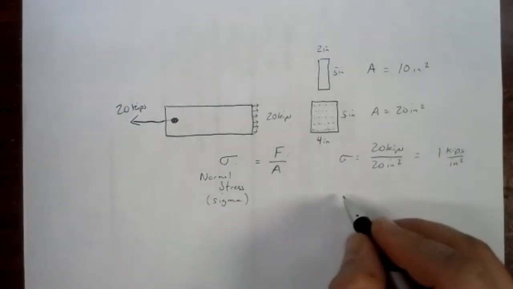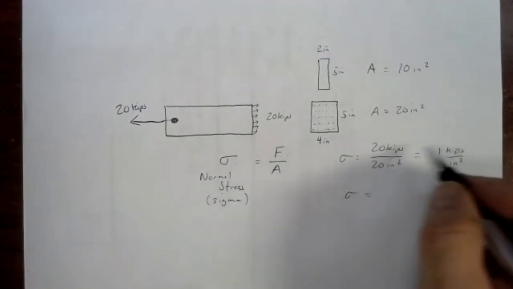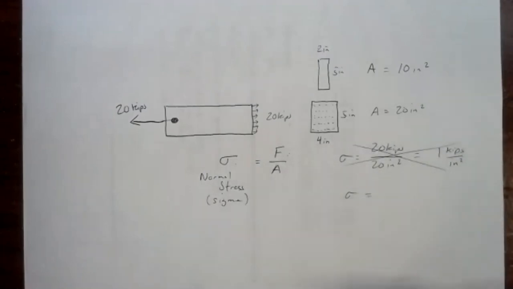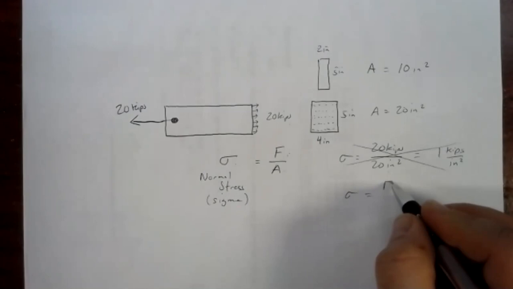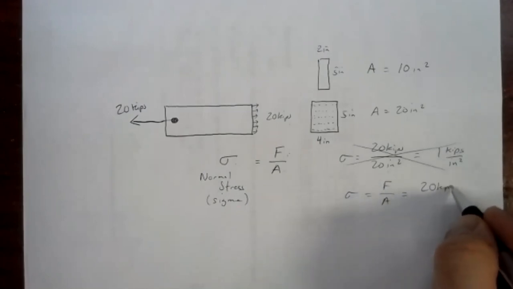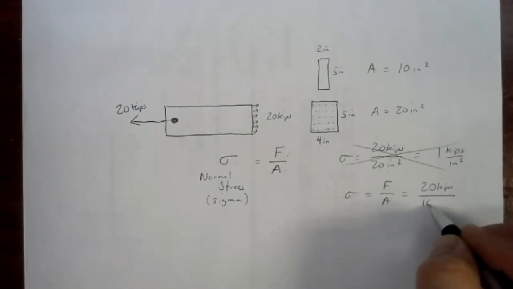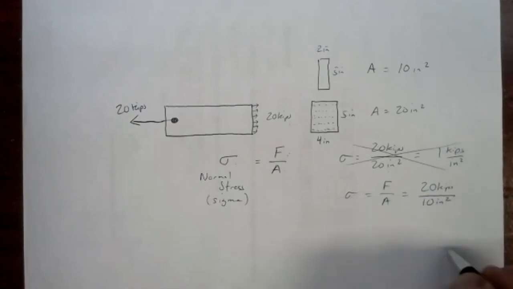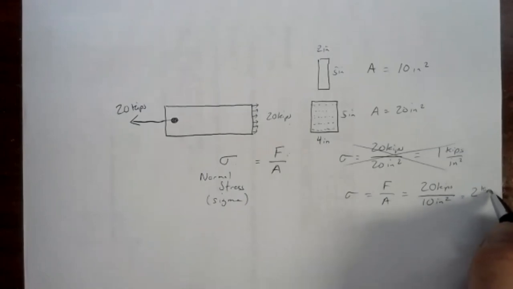In that case, our stress would no longer be 1 kip per square inch. We have force over area. So we're still applying 20 kips of force, but now it's spread out over a smaller number of square inches, 10 square inches. We get 2 kips per square inch.